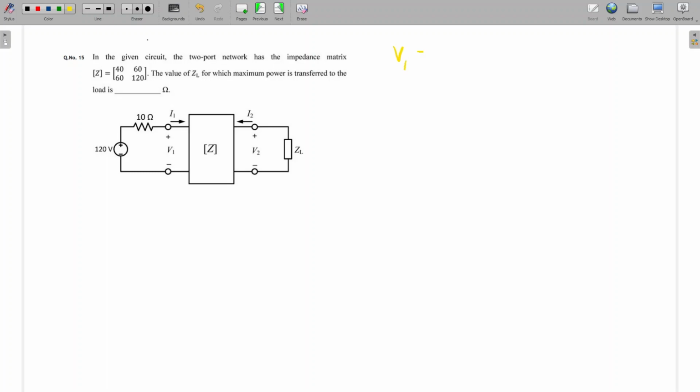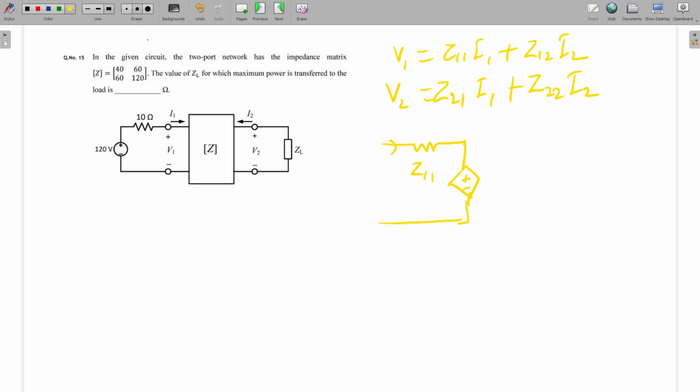V1 is equal to Z11 I1 plus Z12 I2, and V2 is equal to Z21 I1 plus Z22 I2. So this equation we can write like this: this is V1, this we can write as Z11 I1 plus Z12 I2.